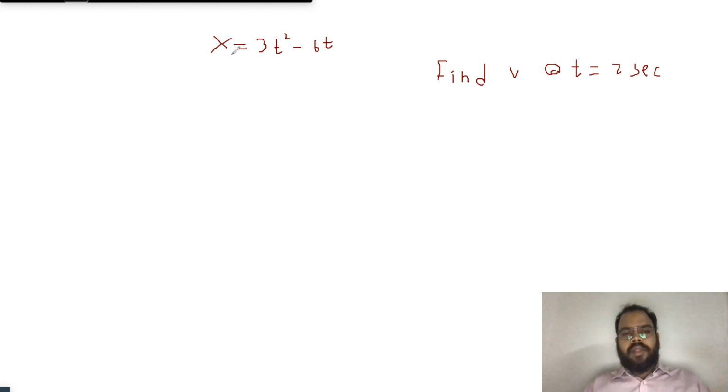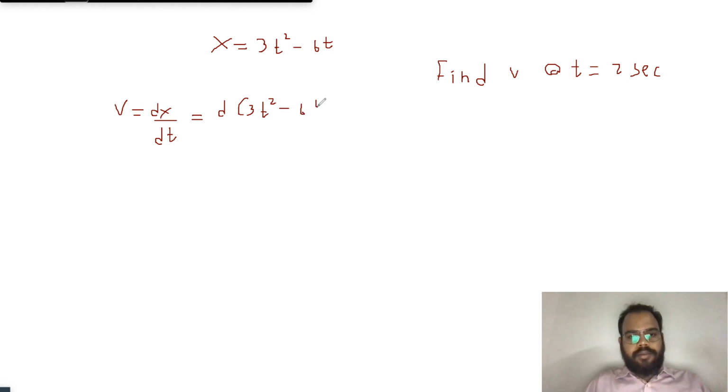So it is given that displacement as a function of time is given to you. Displacement is given and I am asked about velocity. That means I have to move from displacement to velocity. If I have to move down, I have to differentiate. So I'll write velocity as dx by dt. I'll differentiate d of 3t square minus 6t divided by dt.